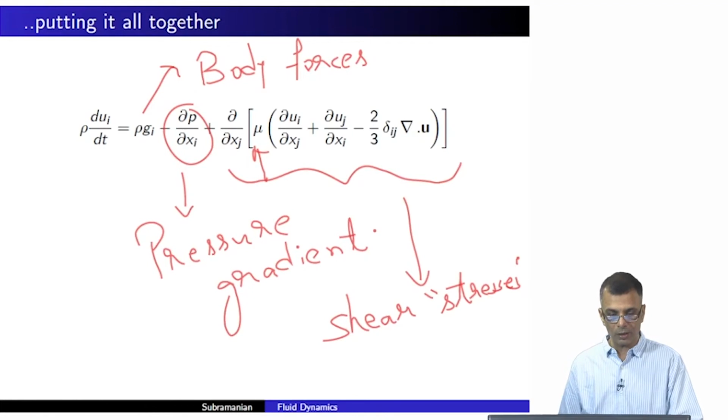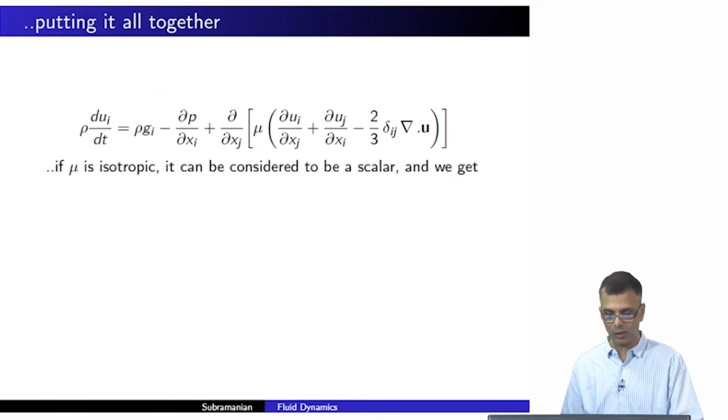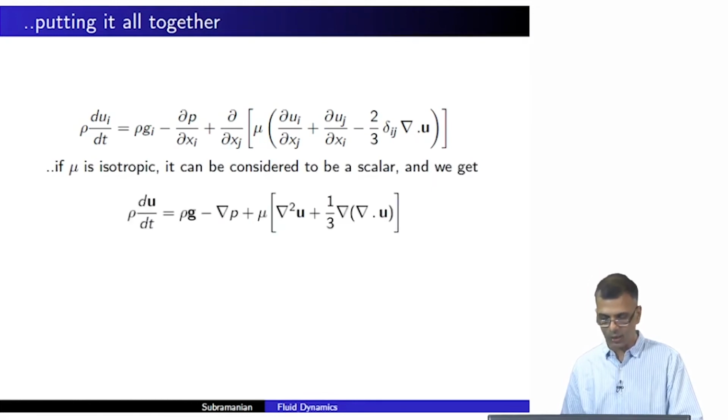So this is the Navier-Stokes equation. If mu is isotropic, it can be considered to be a scalar, and instead of this pesky notation, if you wanted to write it down in terms of gradients or divergences, this is how it would look.